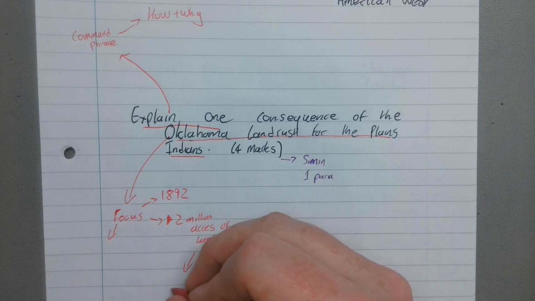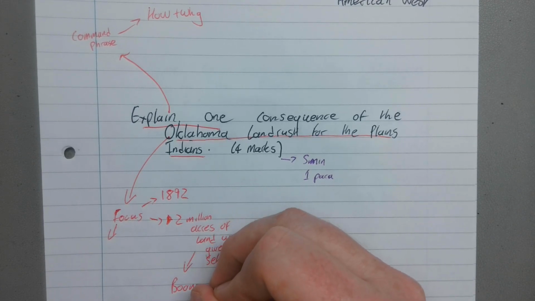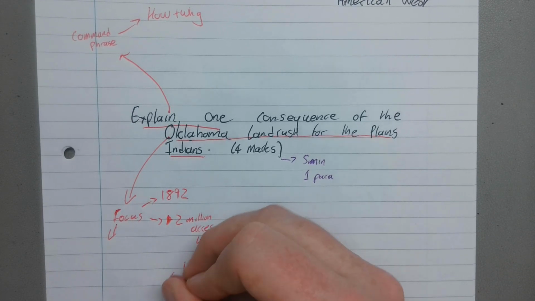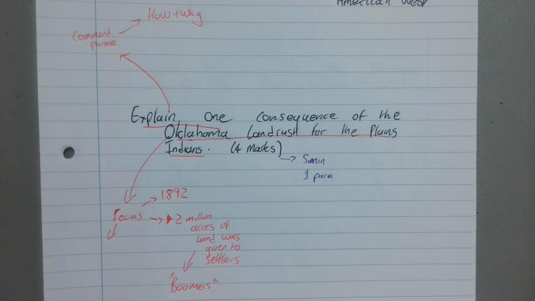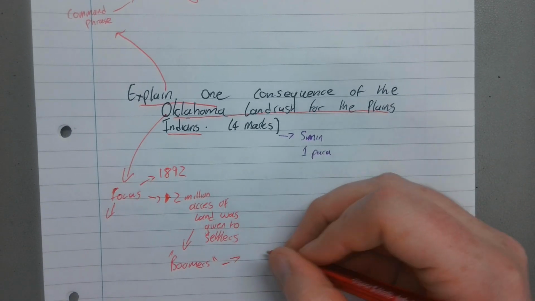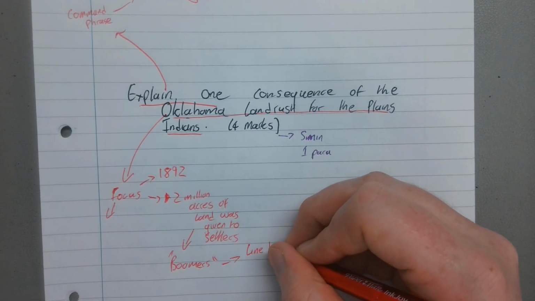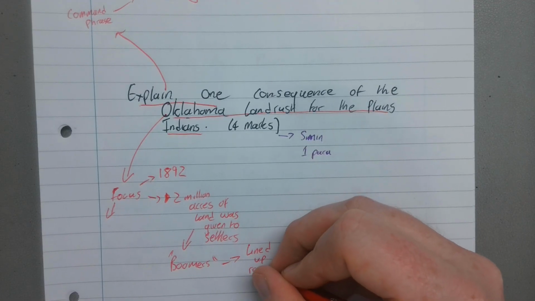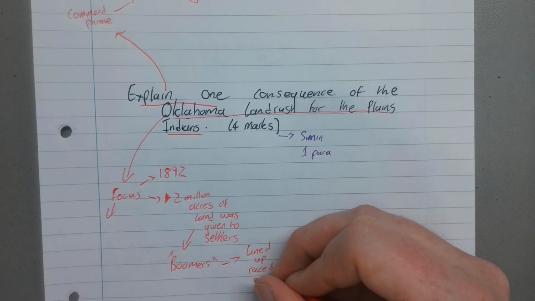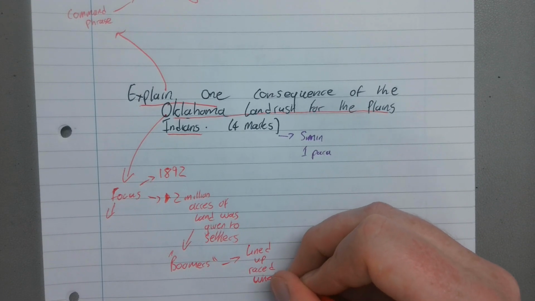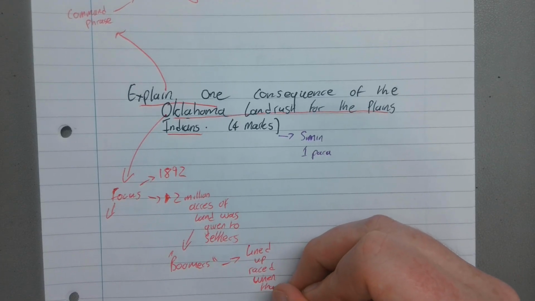They later became known as boomers, because they all lined up, didn't they, to claim the land. So they lined up and raced when the cannon went off, or when the gun went off.